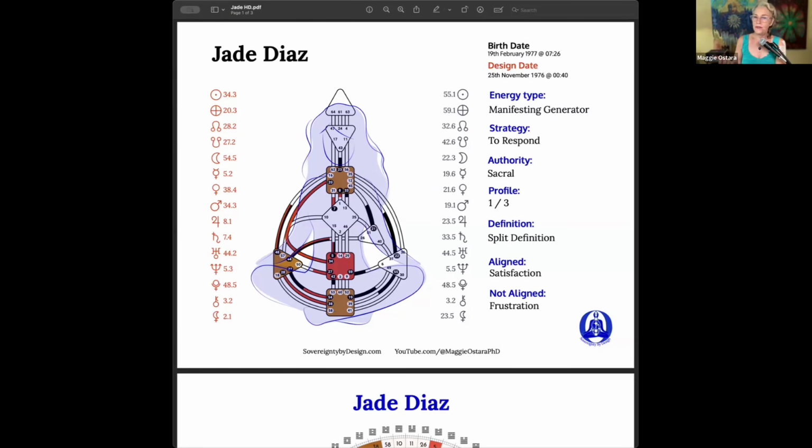You've got a fair amount of individual circuitry right here. You've got the 20-34, you've got the 28-38, you've got the 55 and the 22 and the 8. That's all individual circuitry, and individual circuitry is here to be different. It's here to bring change.